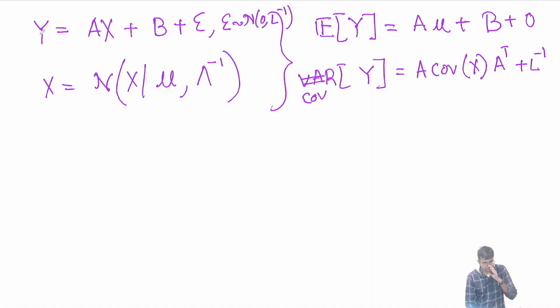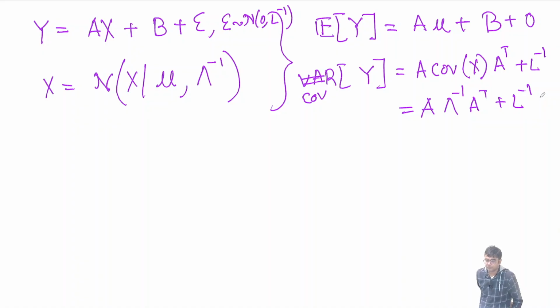Covariance of y is equal to covariance of Ax plus covariance of b plus covariance of epsilon, assuming these three are independent, which it is. Now covariance of Ax is equal to A covariance of x A transpose. Covariance of b is equal to 0. Covariance of epsilon is equal to L inverse. So you end up with this expression. This is fine.